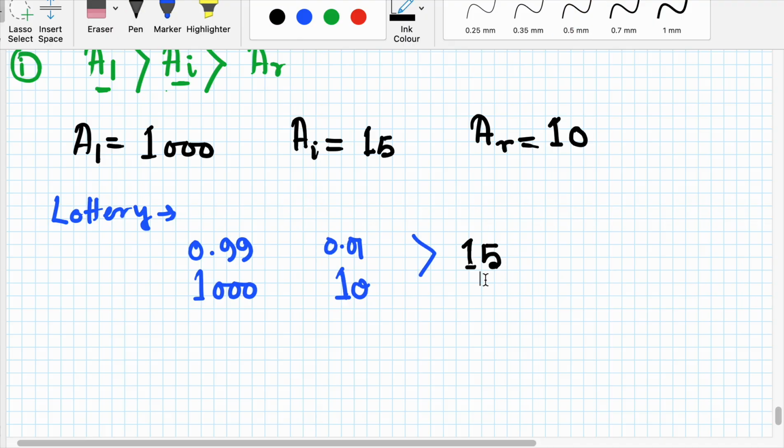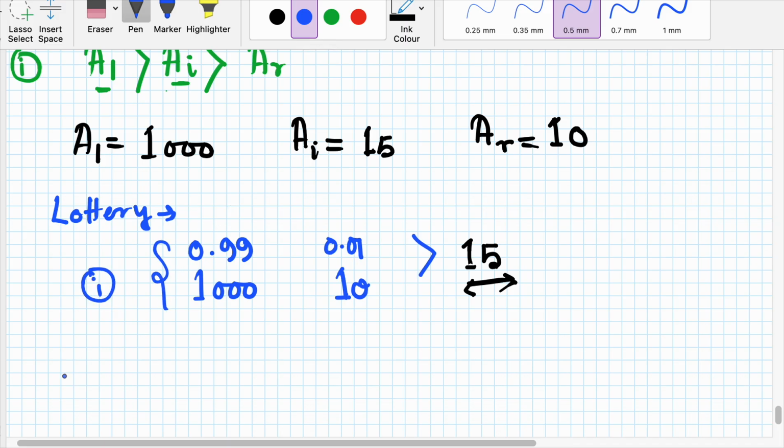So for me, if I were the subject, I will obviously prefer the lottery over a certain 15 rupees. Now this is one case.